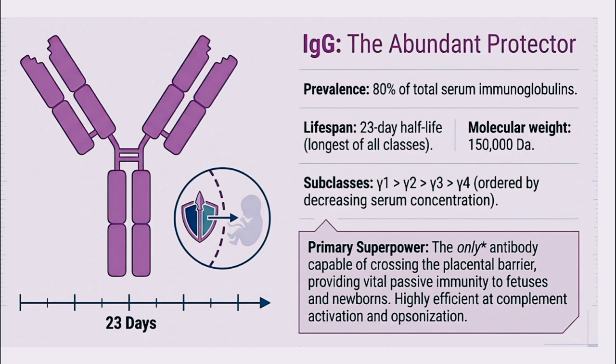So a mother can pass her own immunity directly to her unborn child in the womb itself, to protect them from various infections and other things, and also to protect them in the first few months of life. So this is about IgG.